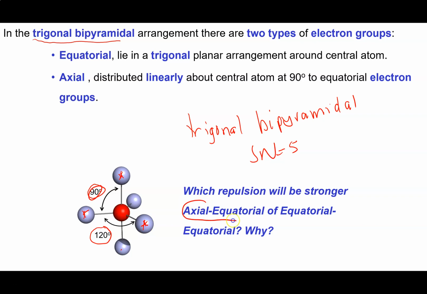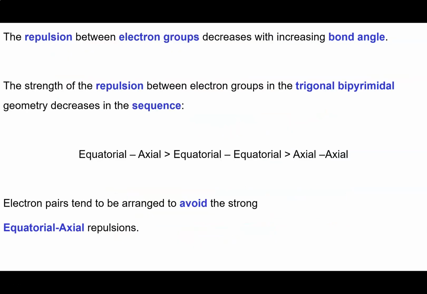So the axial equatorial repulsion is going to be stronger than the equatorial repulsion because the bond angle is less. So as the repulsion between electron groups decreases with increasing bond angle, there's a variation in the strength of the repulsion between the electron groups in this trigonal bipyramidal geometry.